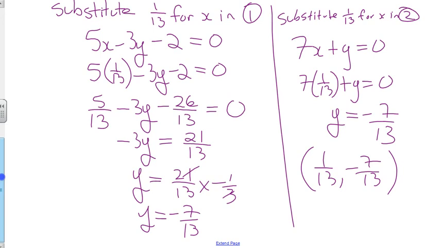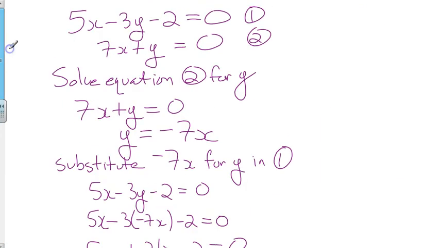So when I verify, I want to go back to the original system. This will give me 7/13 minus 7/13, which is 0. And this will give me 5/13 plus 21/13, which is 26/13, minus 2, which is 26/13, which is 0. So it does check.